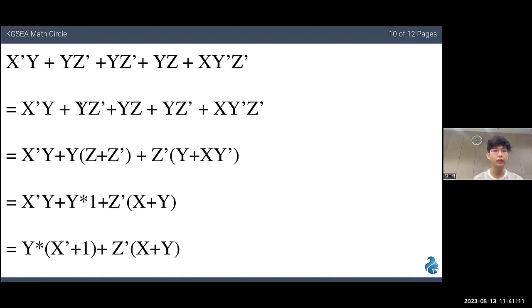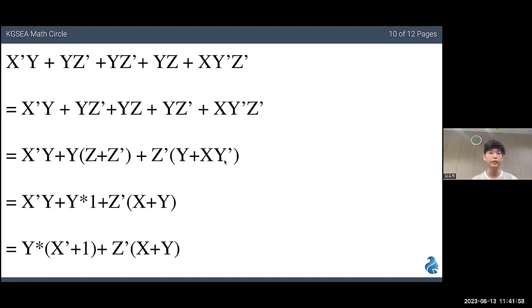Then, rearranging the two Y and not Z terms to make the Y and Z go into the middle, so that you could factor the second and the third term into Y and the parentheses (Z or not Z), and factor the fourth and the fifth term into not Z and parentheses (Y or X and not Y).